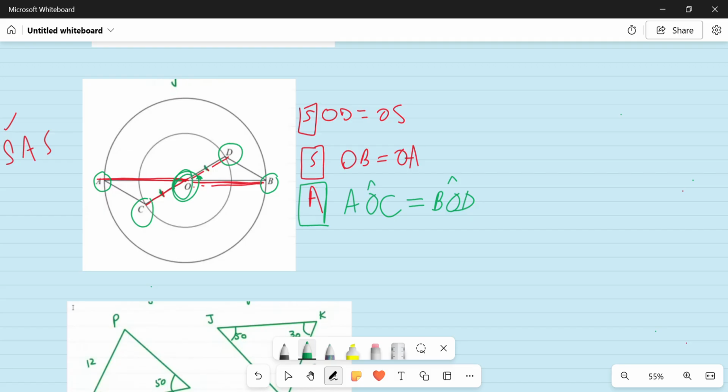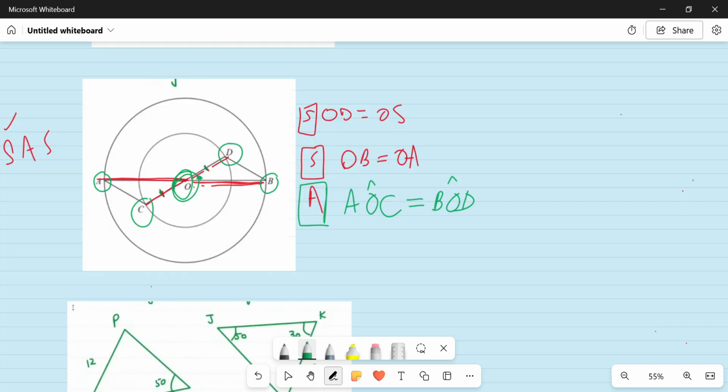So what is the reason for this one? The vertically opposite angles are equal here. So hence, by SAS property, triangle AOC is congruent to triangle BOD, right? So we have done the example of SAS. I hope that students, you people are getting these properties.